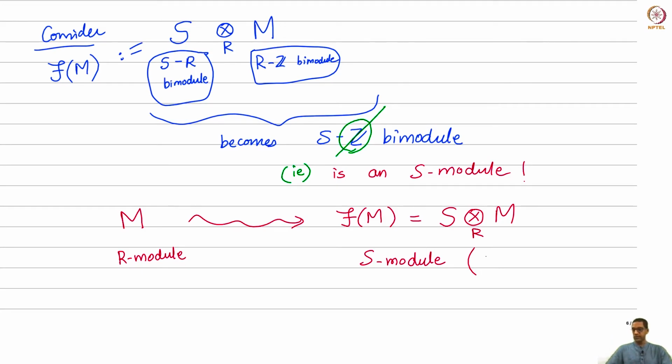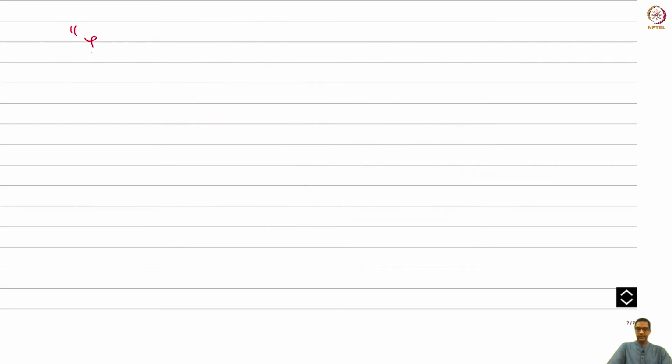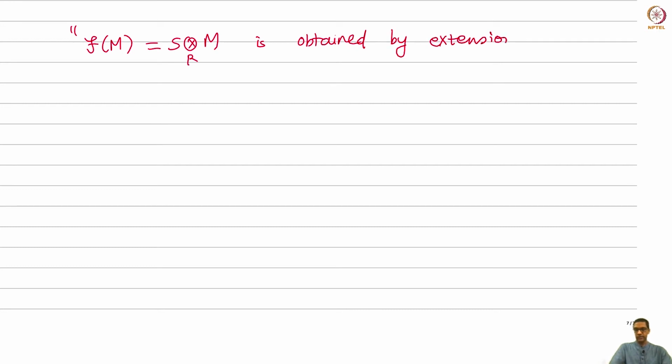We say that f of m is obtained by extension of scalars from the module M. This is the usual way it's expressed.